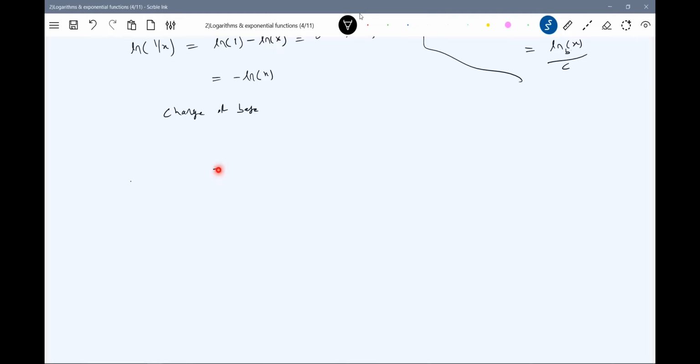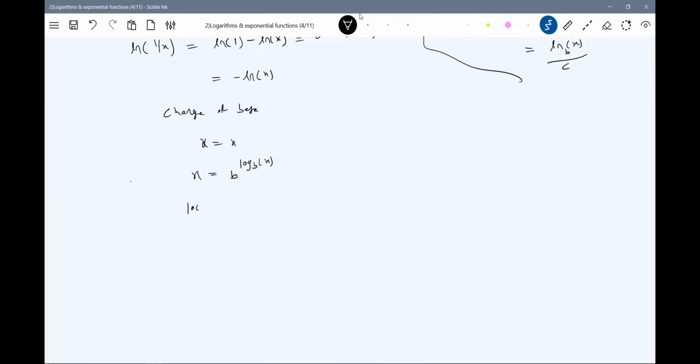Can I write this x as b to the power of log x to the base b, because log b and b will cancel out? So again I'll get back x only.